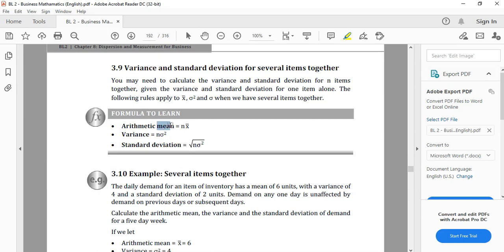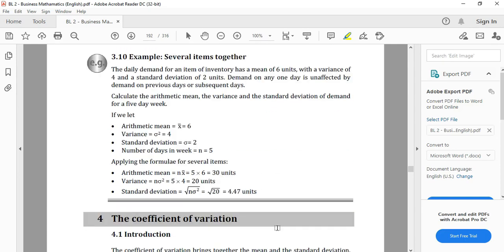We know the mean stands for x bar. This is the sign. Variance is sigma squared, and standard deviation is the root of sigma squared.